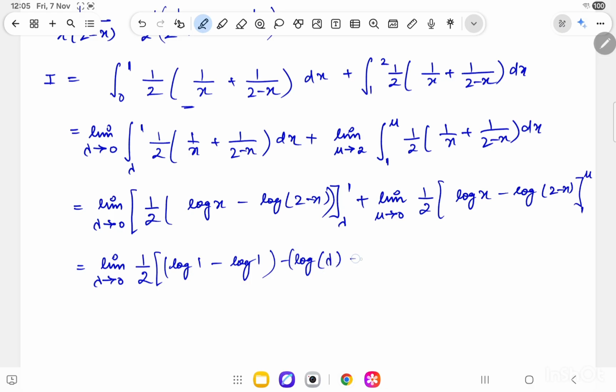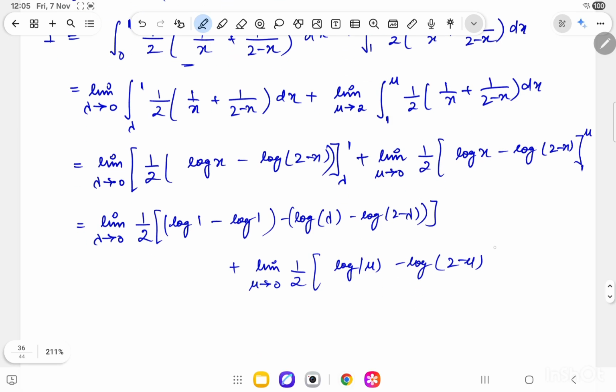lambda minus log 2 minus lambda, plus the limit as mu approaches 0, 1 by 2 log mu minus log 2 minus mu, minus log 1 minus log 1. So these two terms again approach 0, likewise these two terms approach 0.